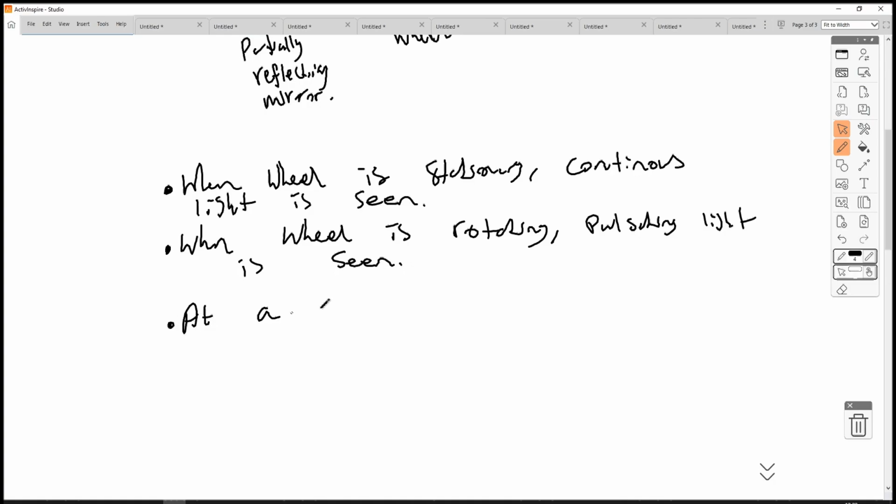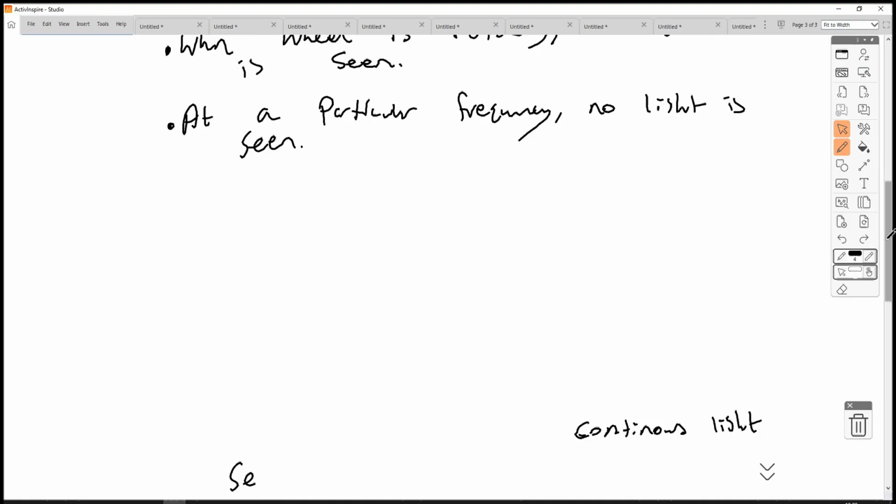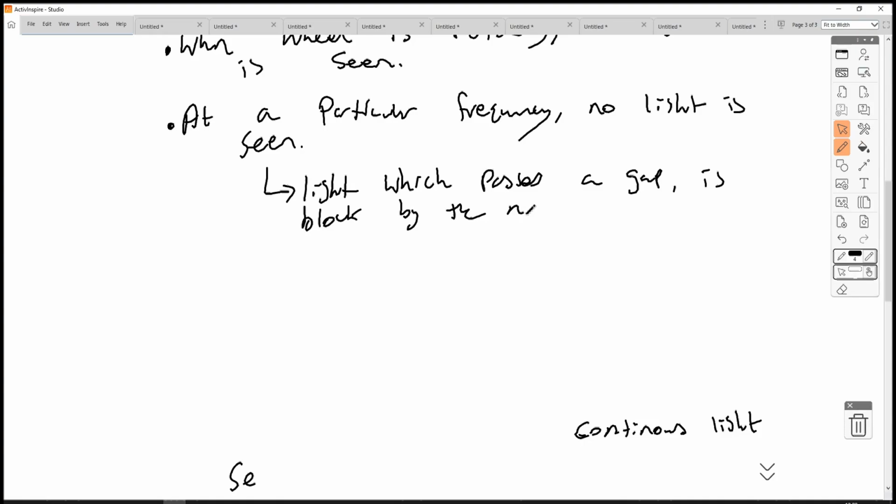And at a particular frequency, no light is seen. So the explanation for that is, as I said, light which passes a gap is blocked by the next or the adjacent tooth.